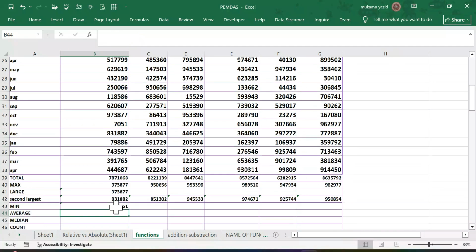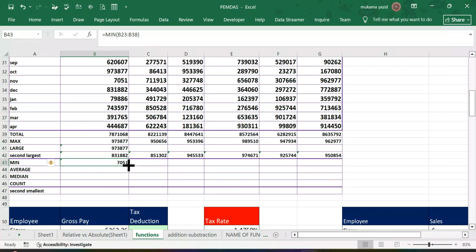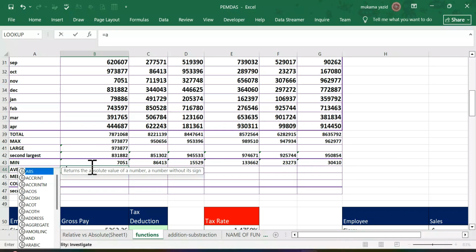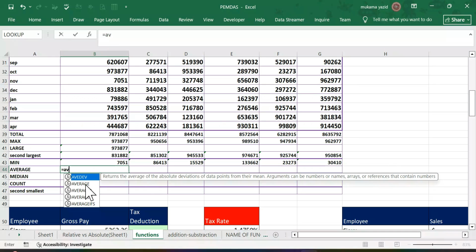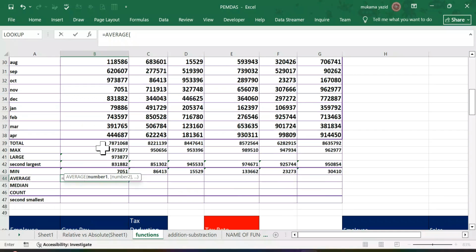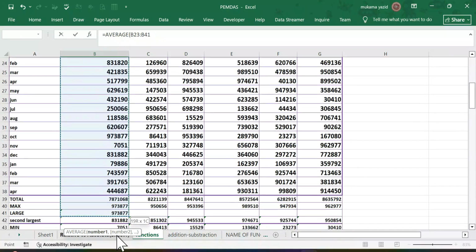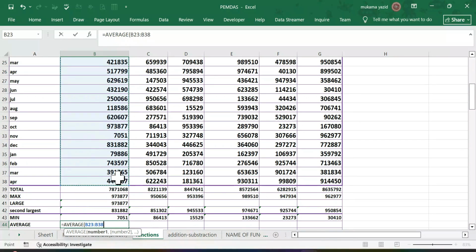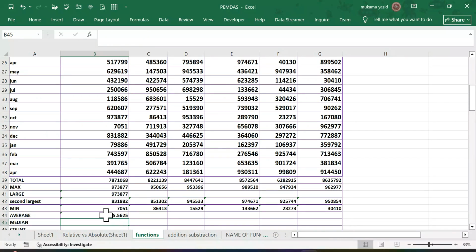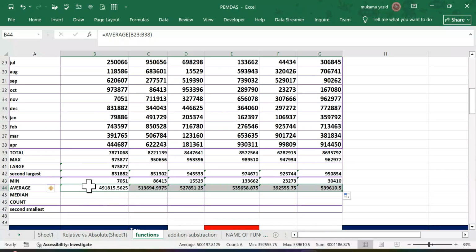I press enter, autofill. Equals AVERAGE, same thing, you write average, double click, then select the values up here, press enter, then autofill, then the answer.